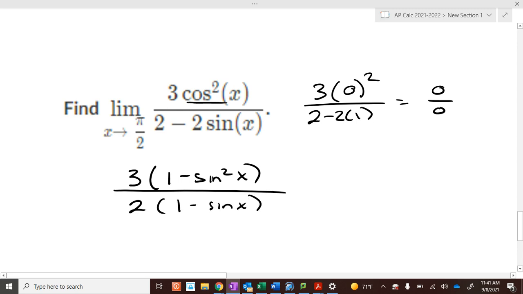Oh, look. I'm pretty darn close, aren't I? I can use a Pythagorean identity, can't I? Well, I already used my Pythagorean identity. I can use difference of squares factoring. We just changed from cosine to get to sine, so we can use difference of squares factoring.